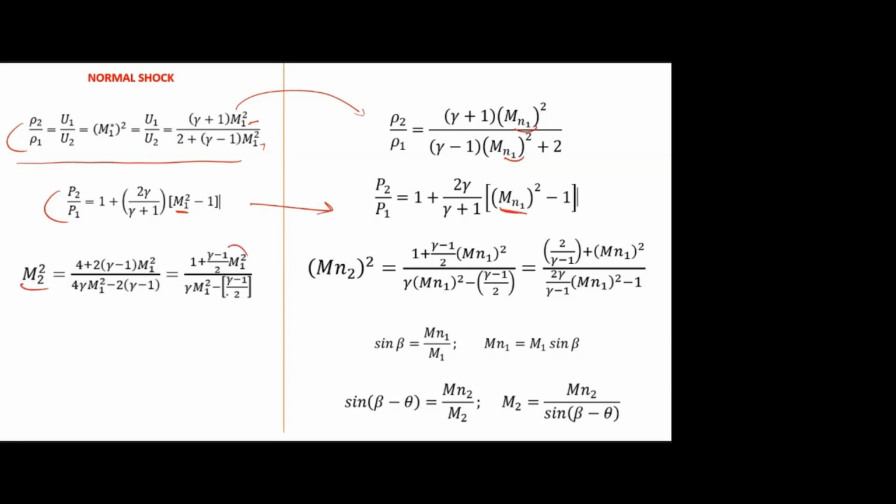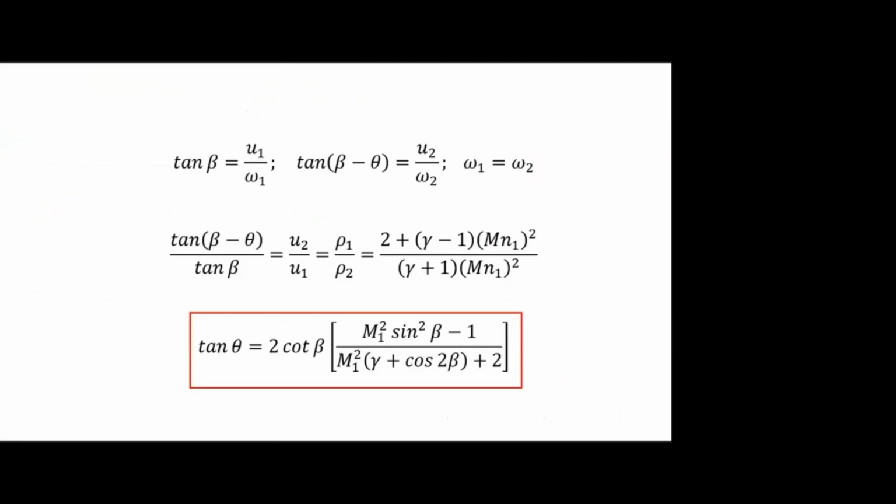Similarly, the M2 M1 relation we write as the Mn2 and Mn1 relation. Then this is the relation between Mn1 and M1, M2 and Mn2, and finally theta and beta. So we will divide these two and simplify. You will get the relation between theta, beta and Mach number.